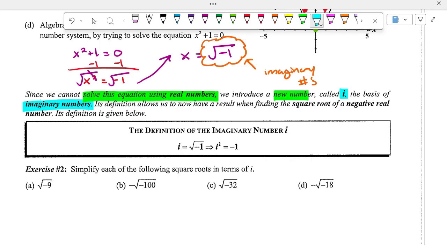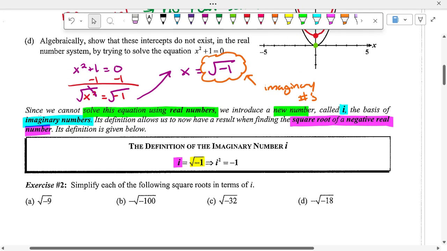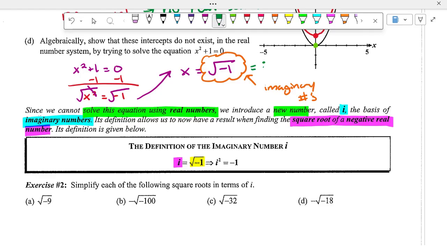All this does is allow us to find a square root of a negative real number, and it's based off of this definition below: i is equal to the square root of -1. So if we look back at this previous problem, the square root of -1, if we simplify that further, x would equal plus or minus i.